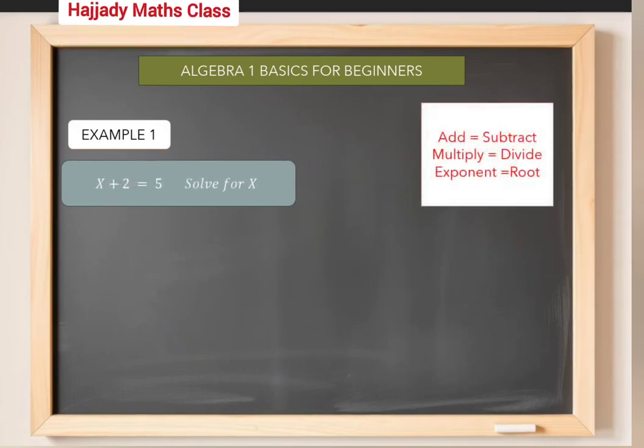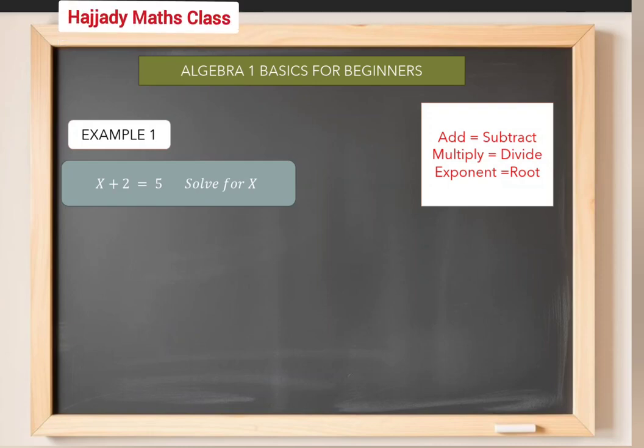The first rule says that our objective is to let the variable x be on the left side and the value on the right side. What we need to do is eliminate every value that is with the variable x.